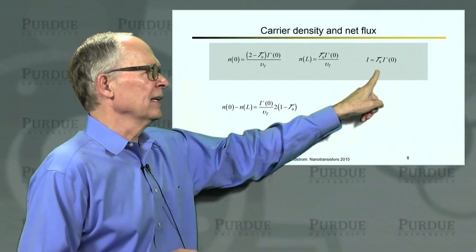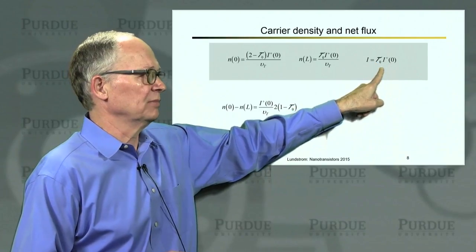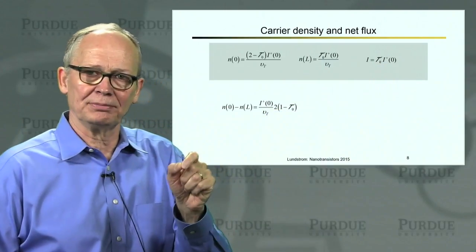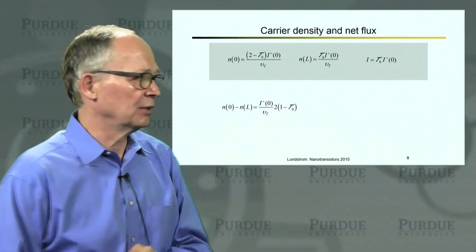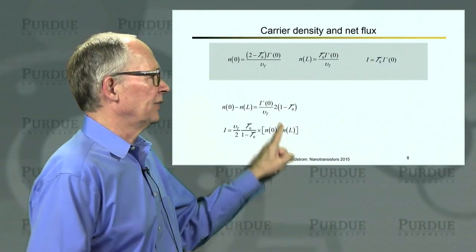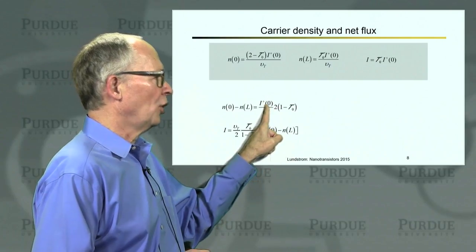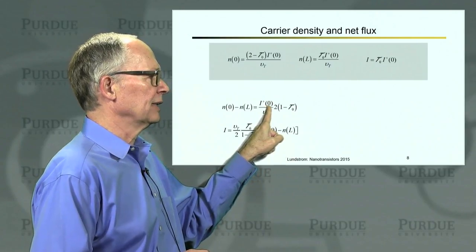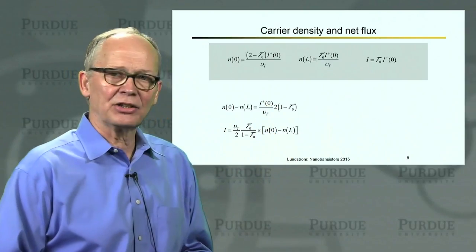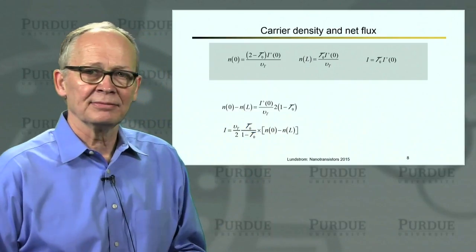The net current is just transmission times what was injected, because this is the current that emerges, and there's no negative current at x equals L. So if I solve this expression for I of 0 plus and take transmission times that, I have an expression for my net current in terms of the difference between these two carrier densities.